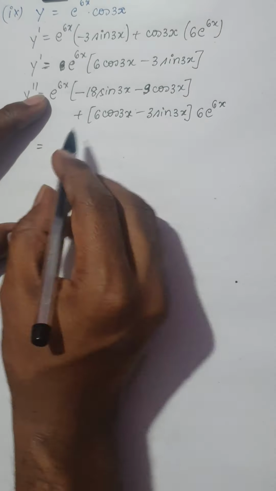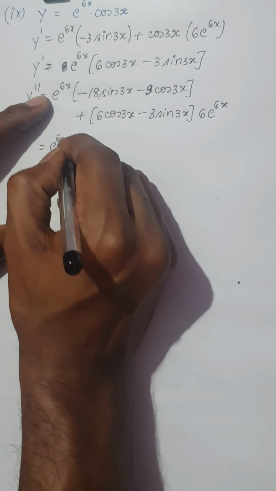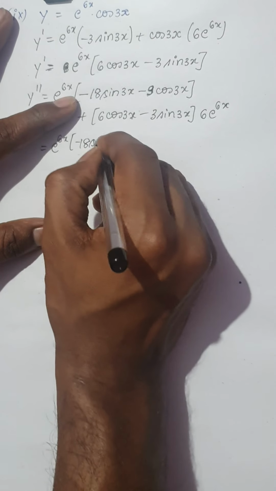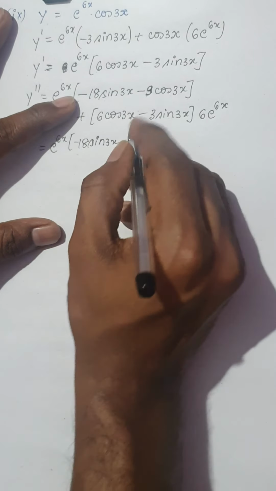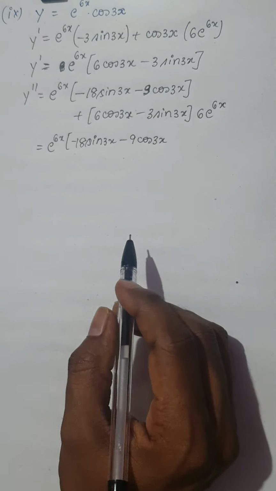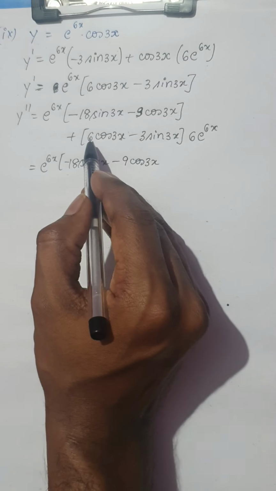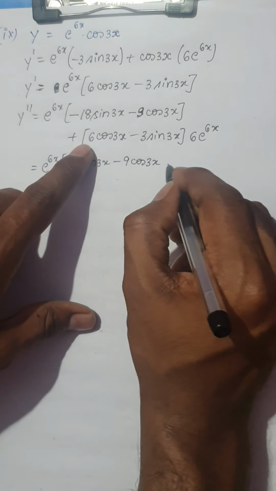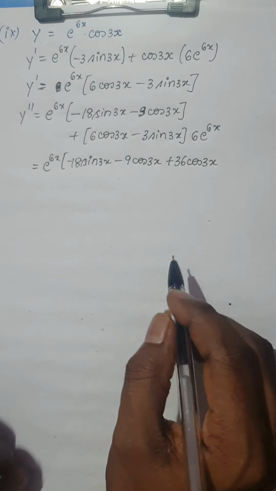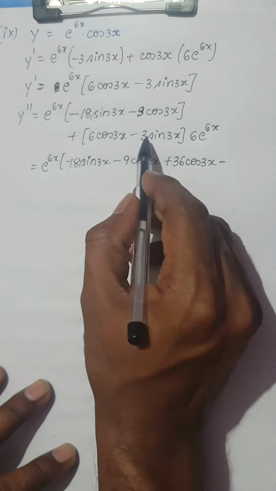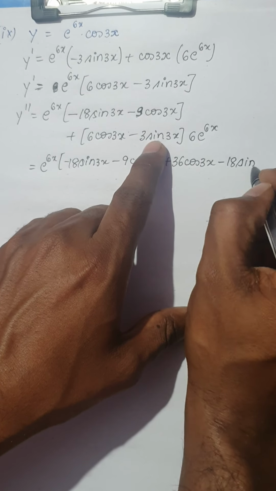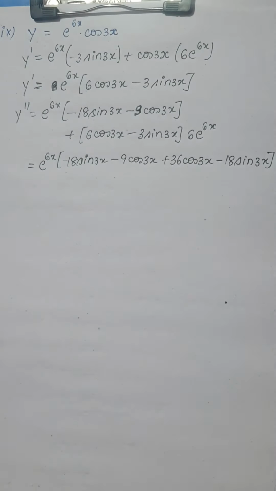If you write e power 6x as the common term here, I have minus 18 sine 3x, okay, minus 9 cos 3x, isn't it? Now multiply this 6 into 6. What is 6 into 6? So it is plus 36 cos 3x, isn't it? Finally minus, what is 6 into 3? 6 3s are 18 sine 3x, right?